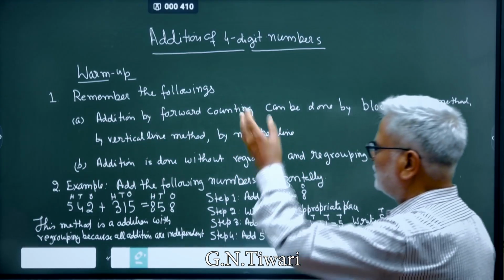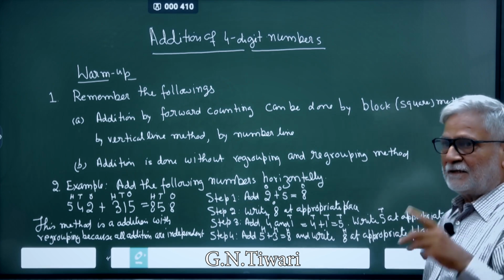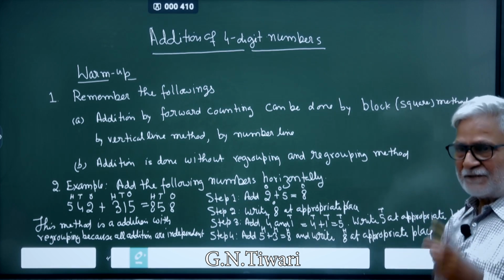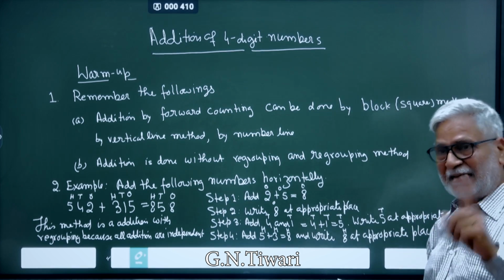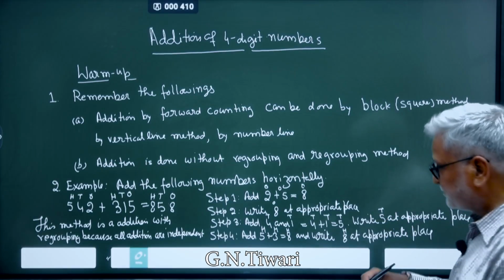So it is very, very important to understand the steps. Sum at ones, sum at tens, sum at H. If all sums are independent, it is without regrouping.